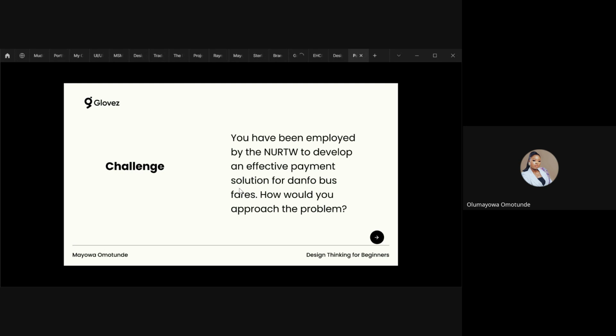NURTW is an association for road and transport workers, and danfo buses, if you are not a Lagosian, are buses here in Lagos, a means of transportation. Again, how would you approach the problem?